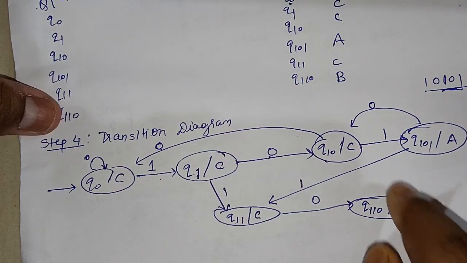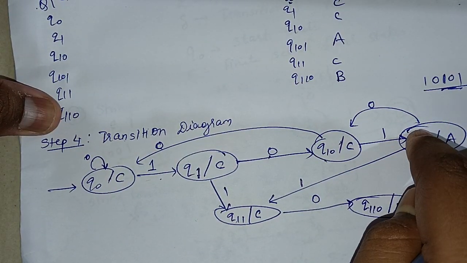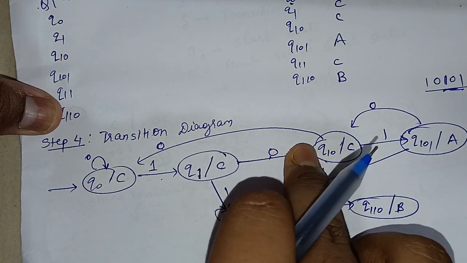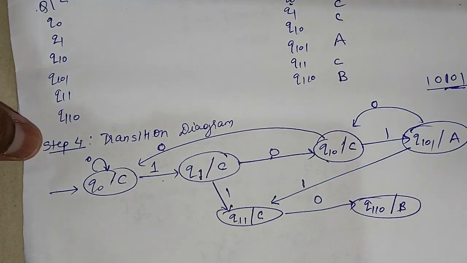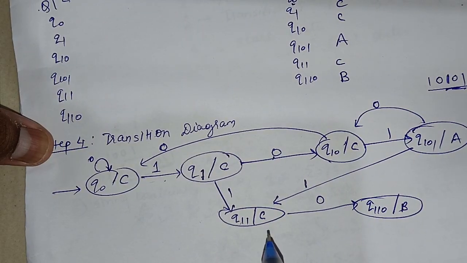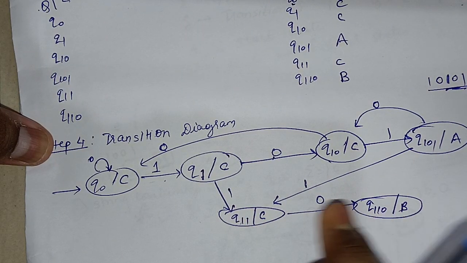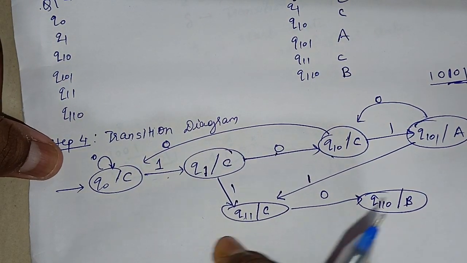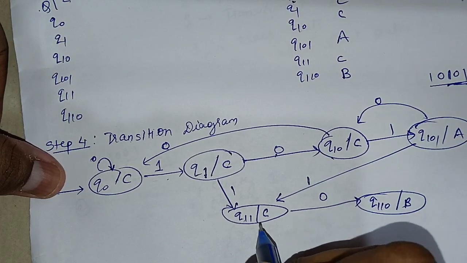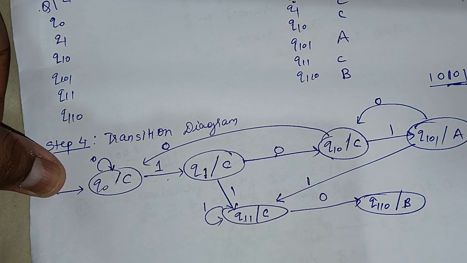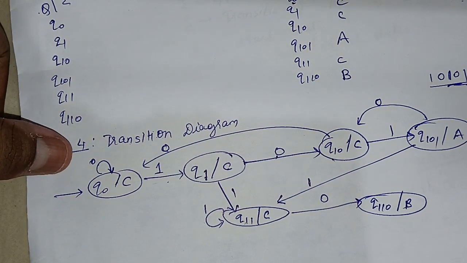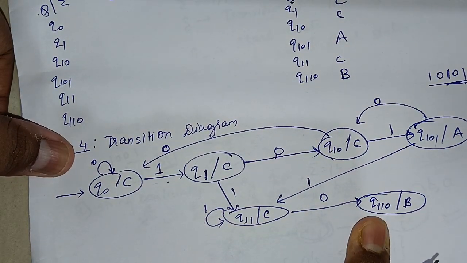Now see, 101. Now see, 10101. Now I am remaining with these two states. What will I do? If it receives 1, make a transition on the same state. Its 0 is completed.